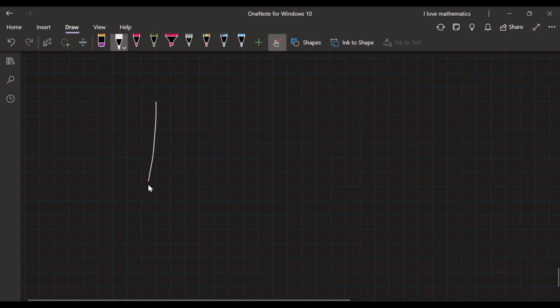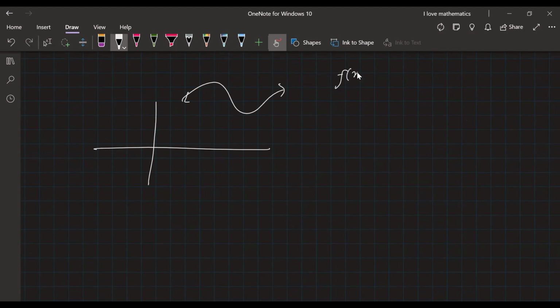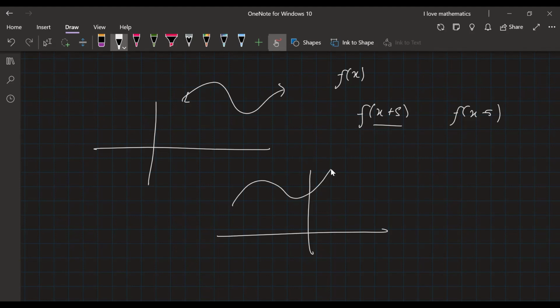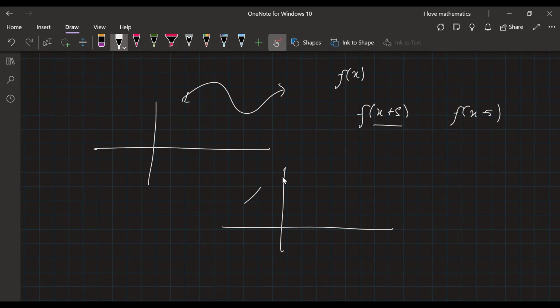Now I want you to answer this question. Let us suppose this is a graph of f of x. Now what is the graph of f of x plus 5 and the graph of f of x minus 5? Intuitively, you know that f of x plus 5 will shift left 5 units like this. So this point, which was let us suppose 20, is now 15.